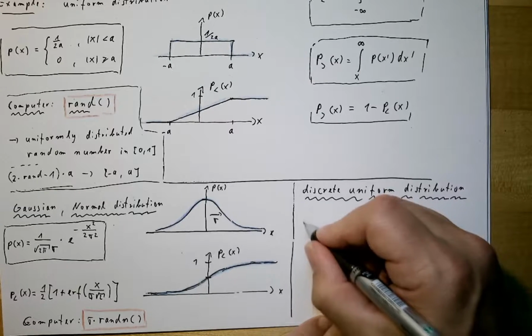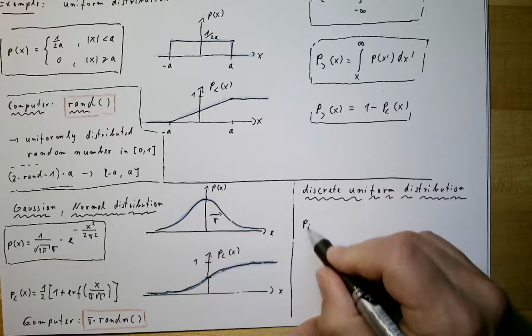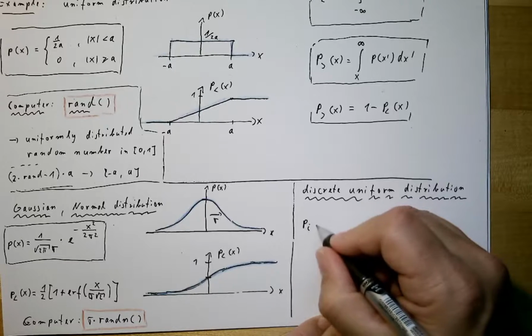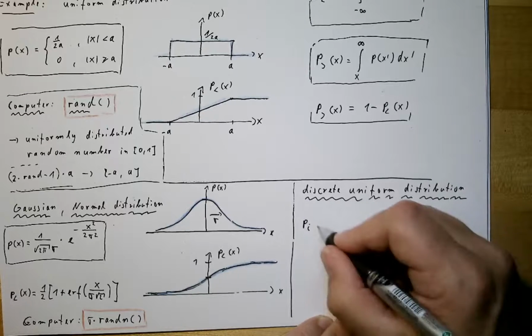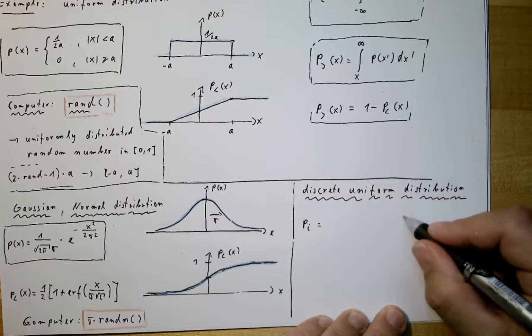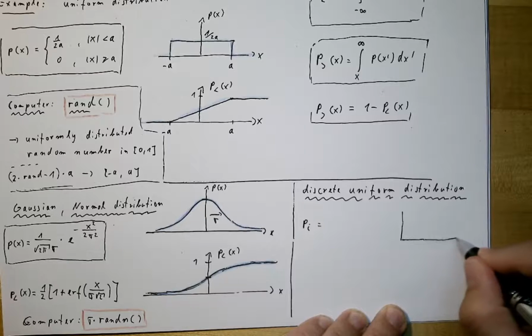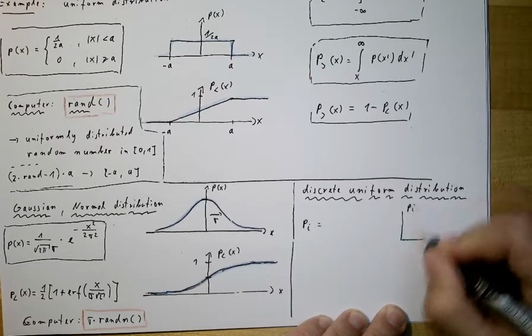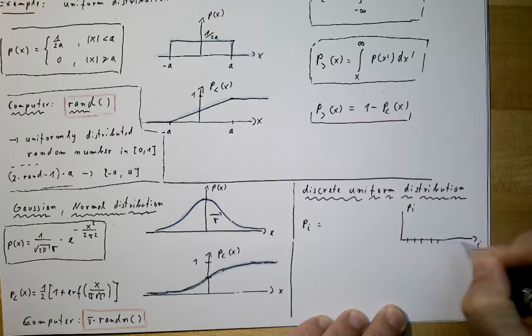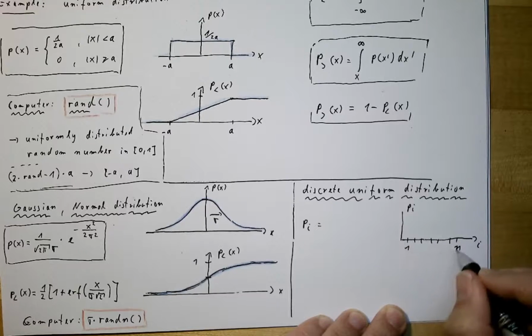So now we have discrete random numbers pi, and first maybe let's draw our distribution. Here we have pi, now it's discrete, and you just want to have numbers from 1 to n.